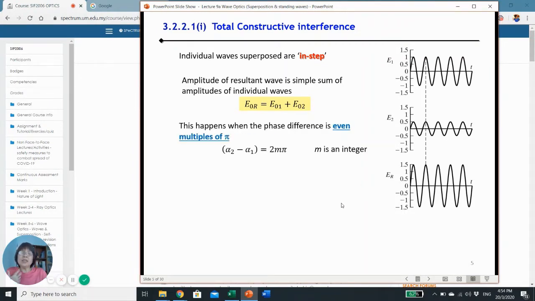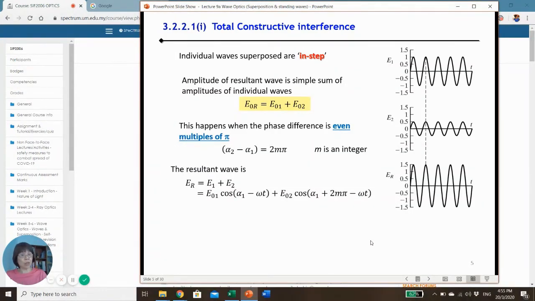And when does this happen? It is when there is a phase difference between the two waves in multiples of a full wave, which is in even multiples of pi. So this difference will be 2m pi, where m is an integer.